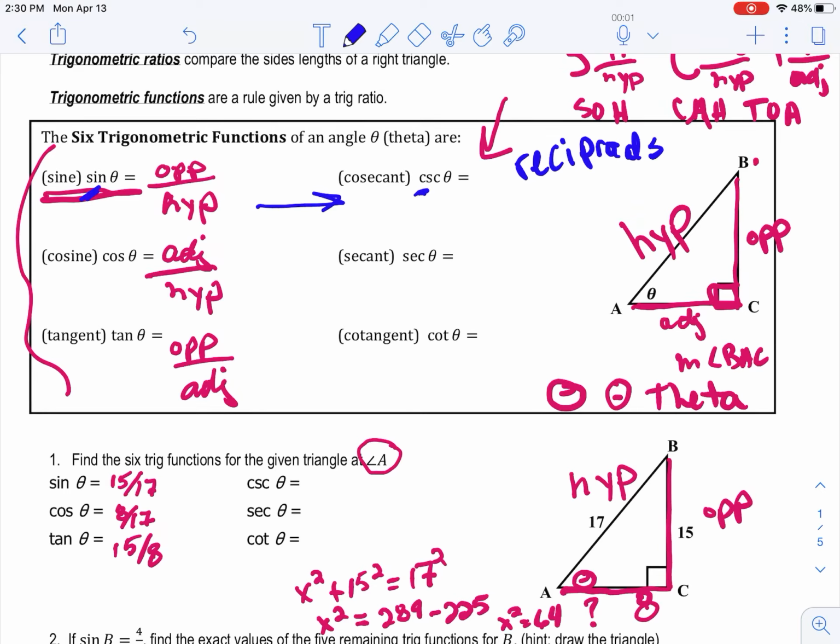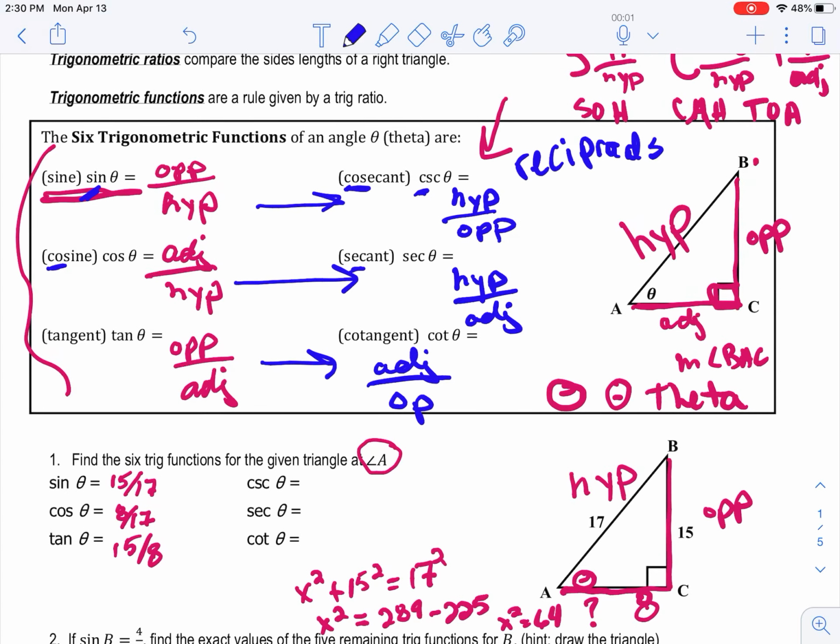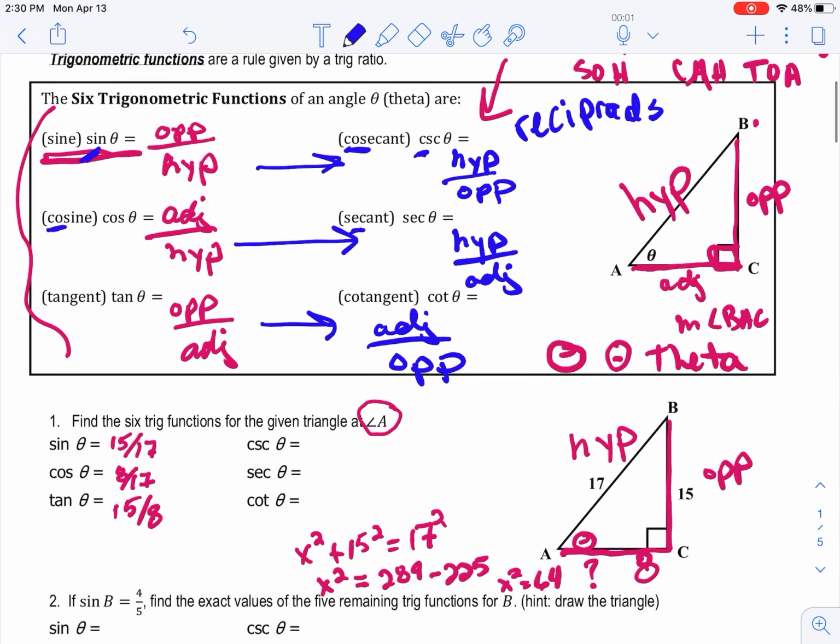So sine goes with cosecant, and it's just sine flipped over. So it's hypotenuse over opposite. Cosine goes with secant, because this is C, this is S. So this one's flipped over, hypotenuse over adjacent. And tangent and cotangent, that's pretty easy. They're just the same thing. So adjacent over opposite. So there's no trick. If you see the word tangent, cotangent, they go together.